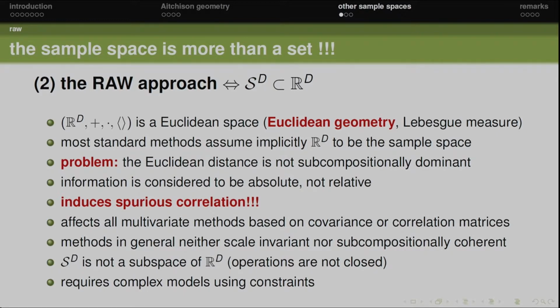It induces spurious correlation. So, to take into account the constraints of compositional data, that they are positive, that they are not larger than a certain threshold, that they have a constant sum constraint, you need very complex models that don't account for the strange figures that we see in relative proportions.